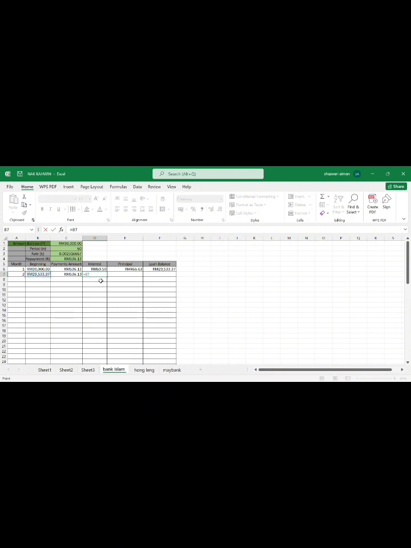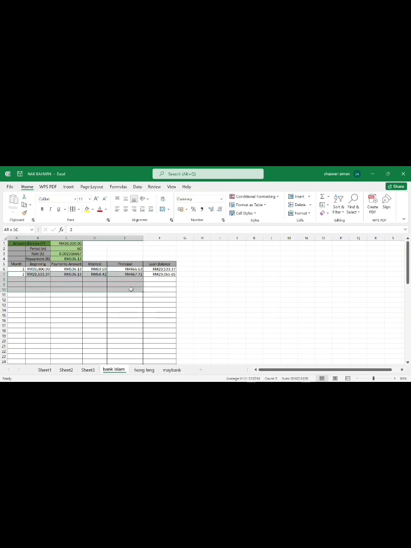For the interest equal B7 times $C$3. And for the principal, C7 minus D7. And for the loan balance, B7 minus E7.